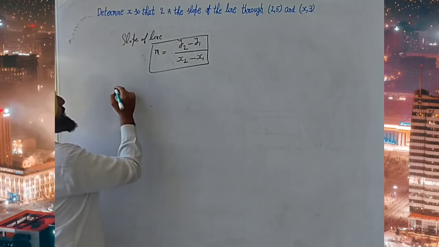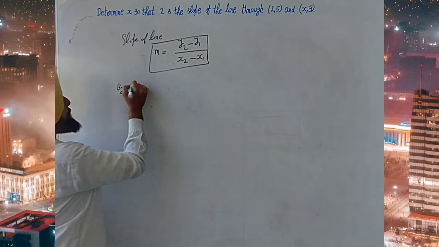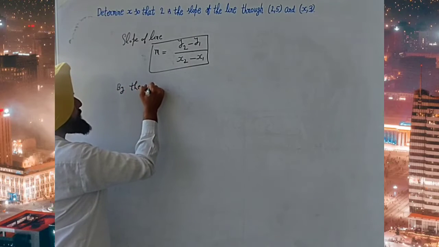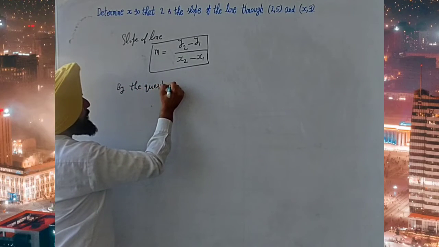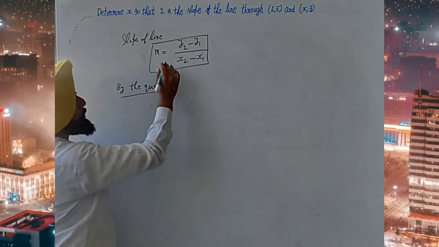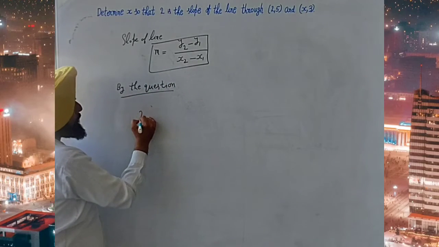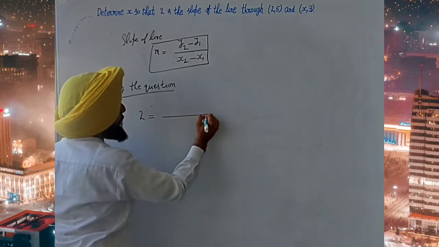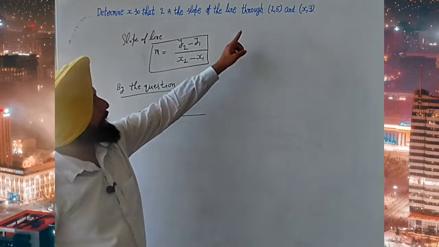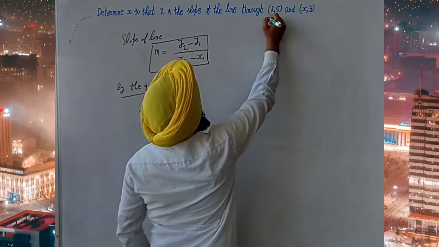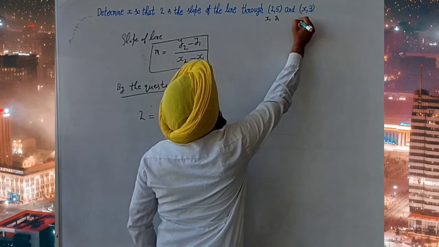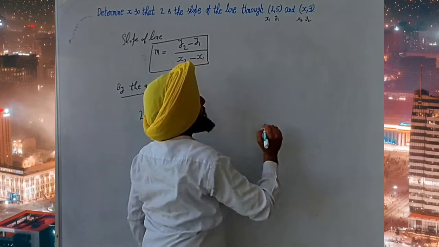So by the question, the slope of the line equals 2, where the points are (x1, y1) and (x2, y2).